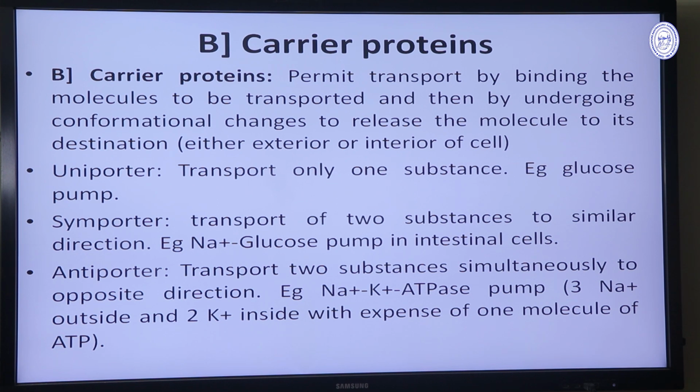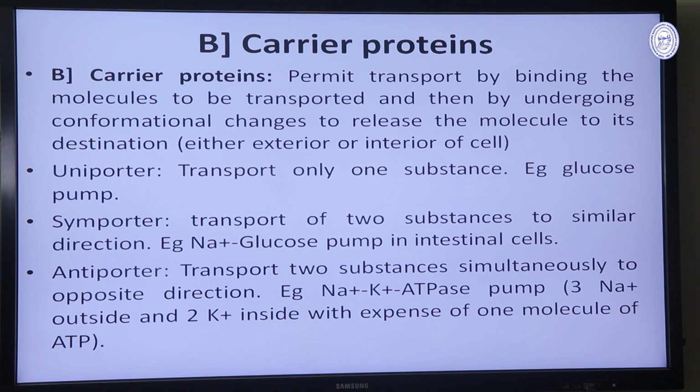Uniporter means it transports only one substance, as in the case of the glucose pump, where glucose can get entry into a cell. Symporter means two substances at a similar time will be transported in the same direction, like the sodium glucose pump in intestinal cells.